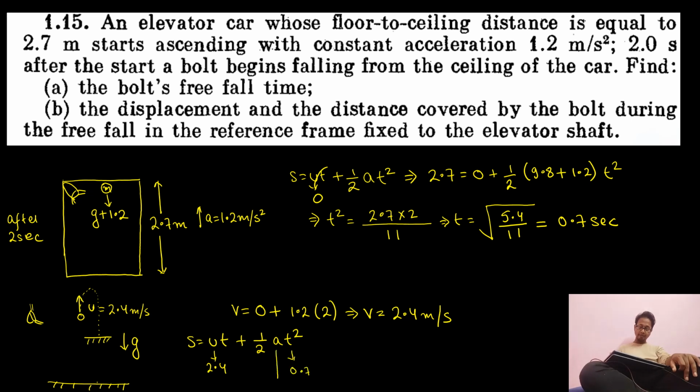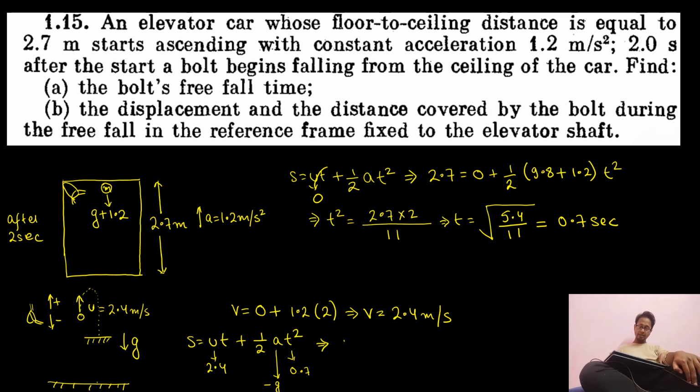And a is nothing but minus g. Why minus g? Because the acceleration of gravity, I have taken upward to be positive and downward to be negative. So if upward velocity is plus 2.4, downward acceleration would be minus g. And S is what we have to find out in the question.